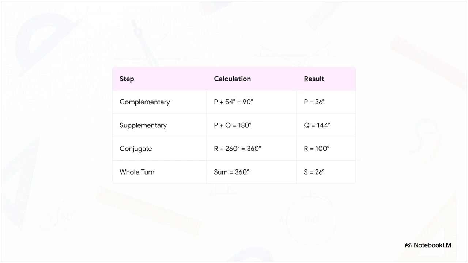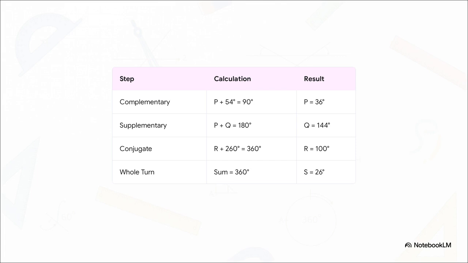Let's actually put this to the test and tackle a complex problem step by step to find angles P, Q, R, and S using those exact magic numbers. Okay, so if P and 54 degrees are complementary, we know they have to equal 90, which means P is exactly 36 degrees. Simple enough, right? Then, if P and Q are supplementary, they add up to 180. Since we just figured out P is 36, Q has to be 144 degrees.